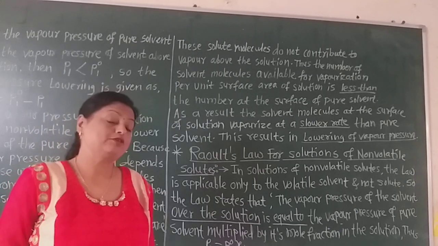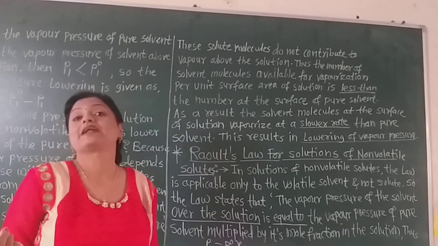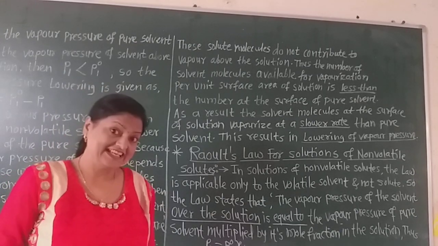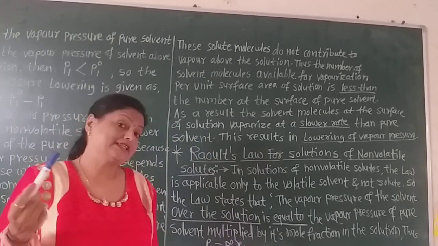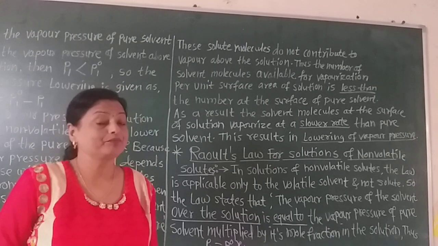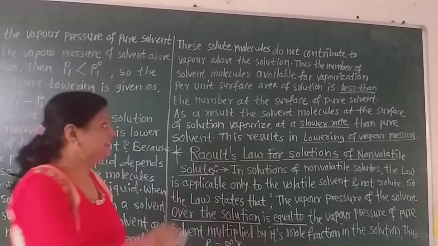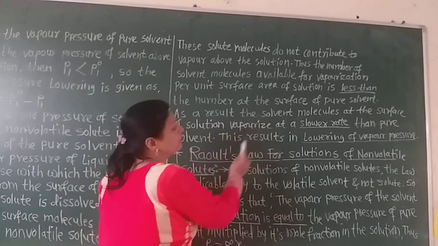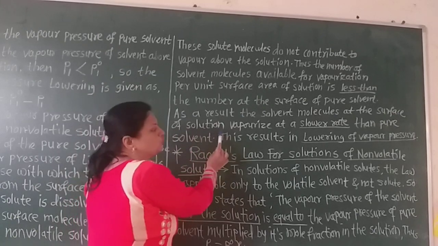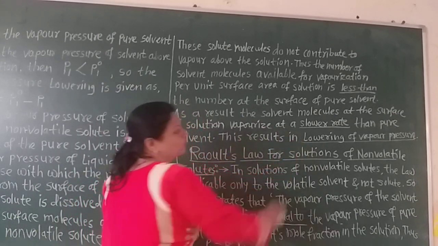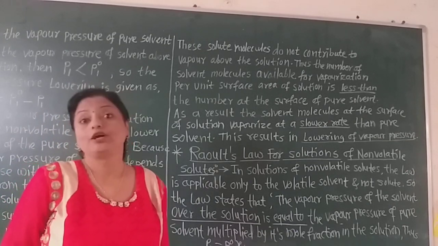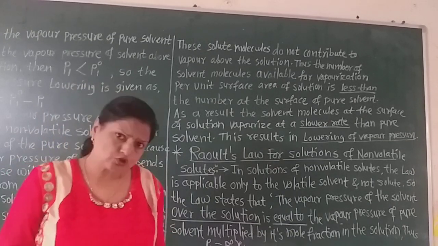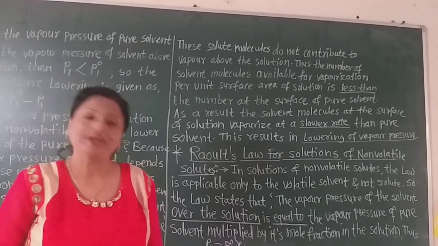And therefore, as a result, the solvent molecules at the surface of the solution vaporize at a slower rate as the solute particles replace the solvent molecules. So, fewer solvent molecules go into the vapor state.